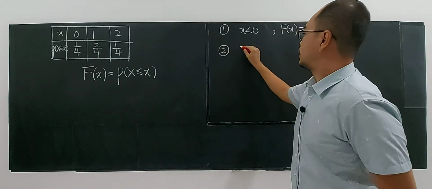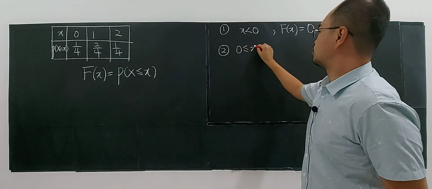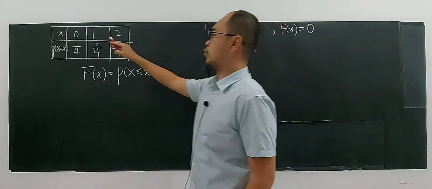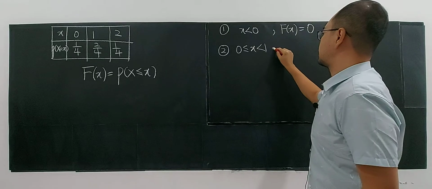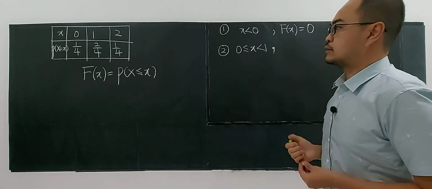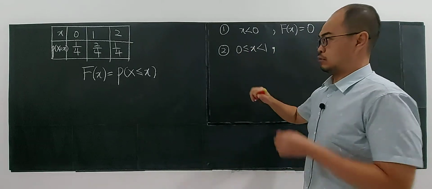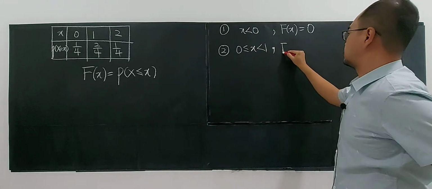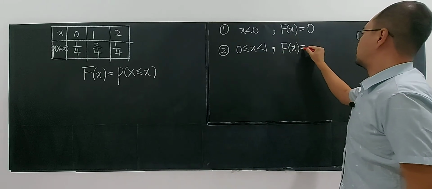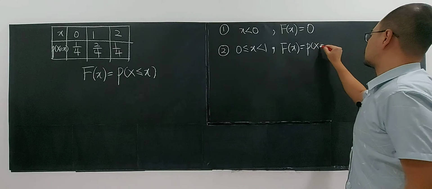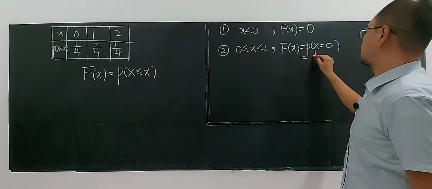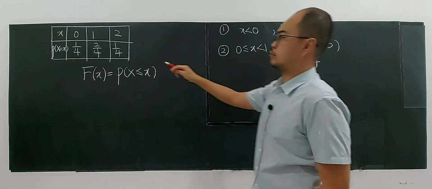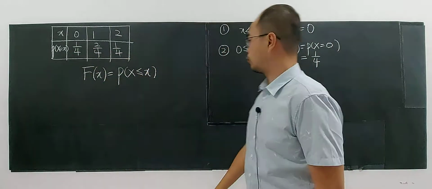Secondly, after 0, it's already 0, but before 1, this is the pattern. Before 1, when we start we count 0, but before 1 the cumulative will be P of X equals 0, which is 1 over 4.